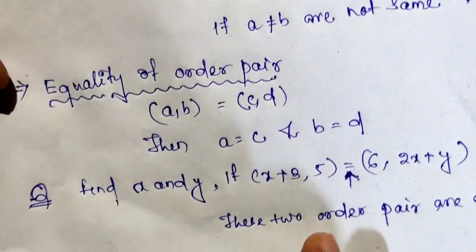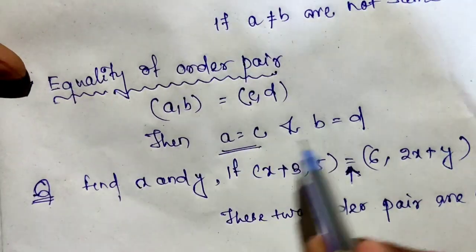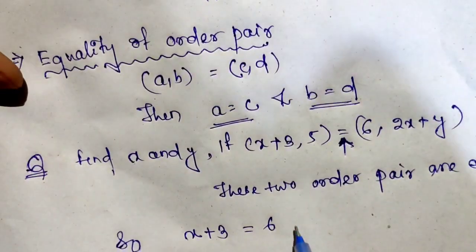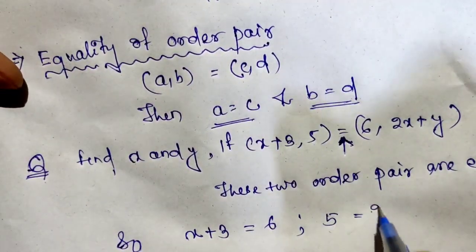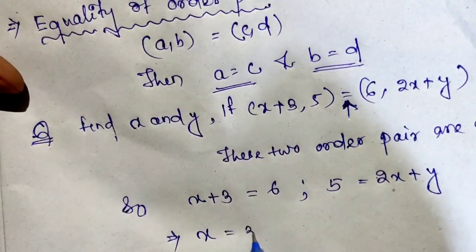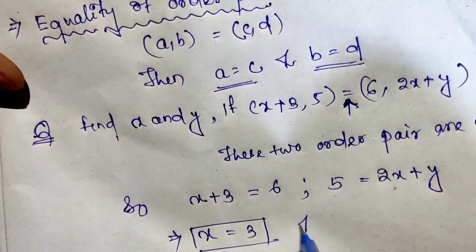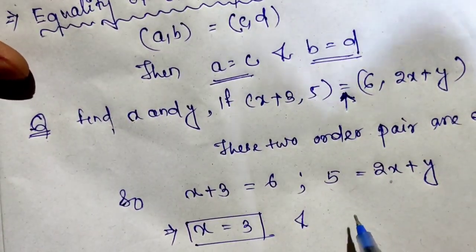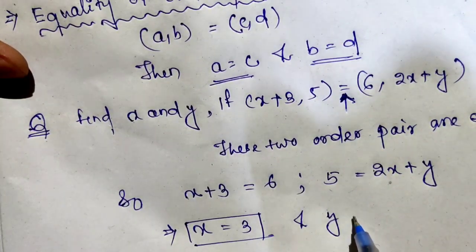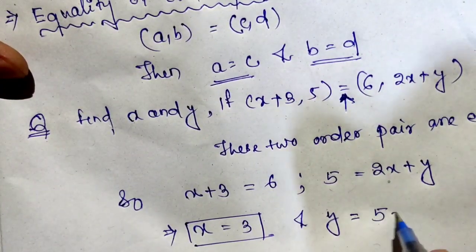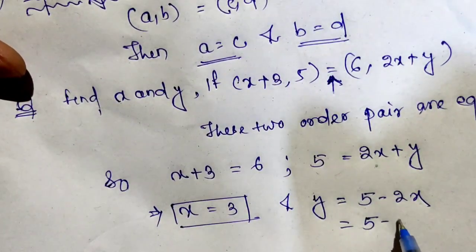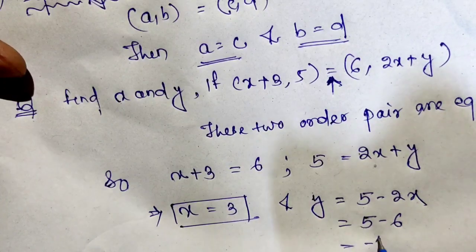Equality sign is here, so from this we may write x + 3 is equal to 6 and 5 is equal to 2x + y. Now solving this, we get x is equal to 3 and y is equal to 5 minus 2x, that is 5 minus 6, which is minus 1.